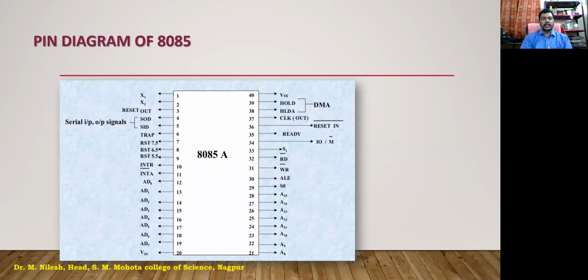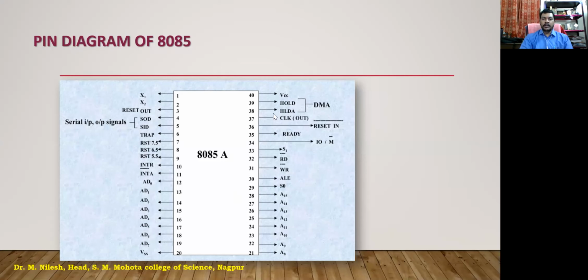Then 35th is ready, and 36th is reset in. Then 37th is the clock output. The clock output is given to all other devices which need to work in unison with this microprocessor. So the clock out is given to all those peripheral devices.